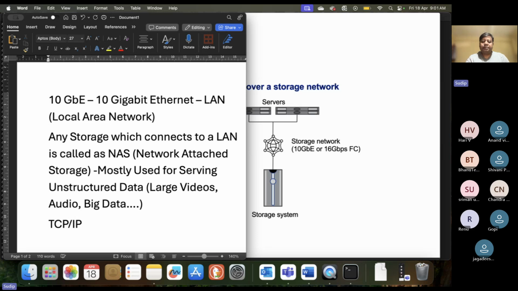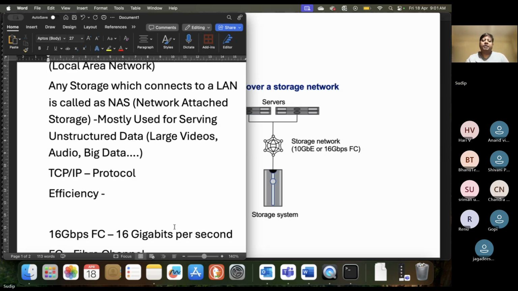TCP/IP protocol, we understood yesterday, is a set of rules that is designed to transmit data over a network, right? Now, whenever any protocol is designed and used to transfer data on a network, something we need to understand is the efficiency of the protocol. What do you mean by efficiency?